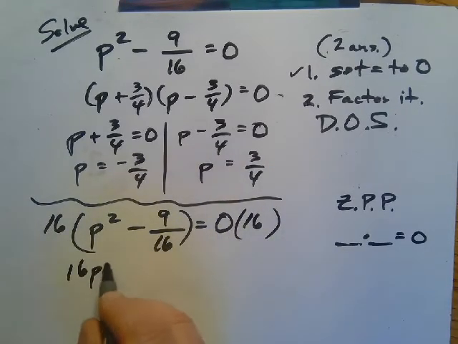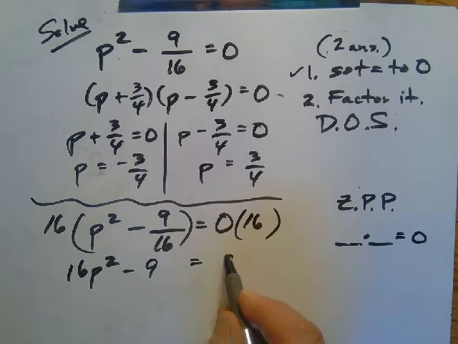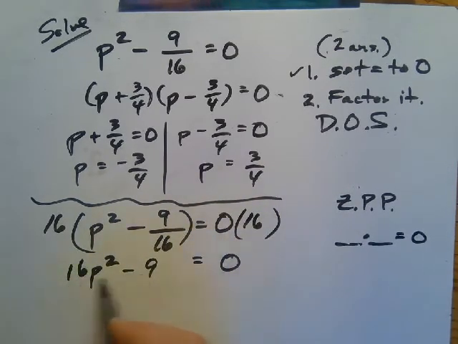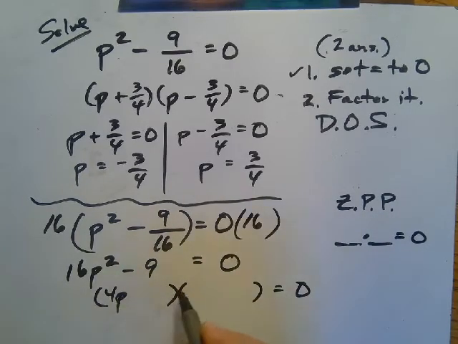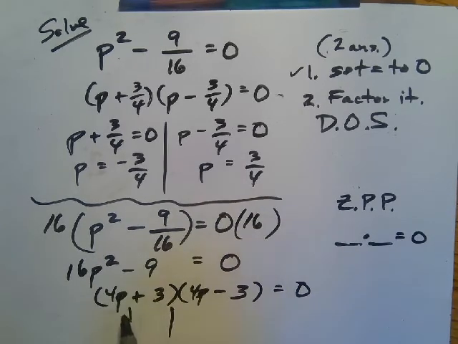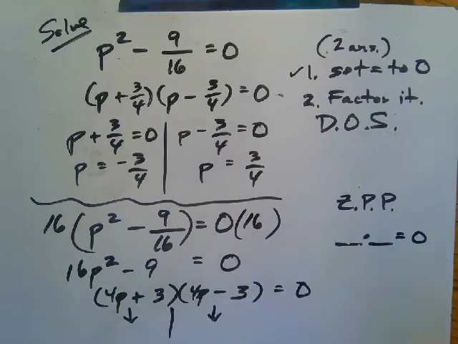I get 16p squared when I distribute minus 9 equals, and this is still 0 over here. And you see that this is the difference of squares too. So I could have factored this to 4p and 3, one positive and one negative. And when I solve each of these, I end up with the same answers. A little bit more work, not necessarily, but it allows us to see that there's maybe more than one way to solve these.